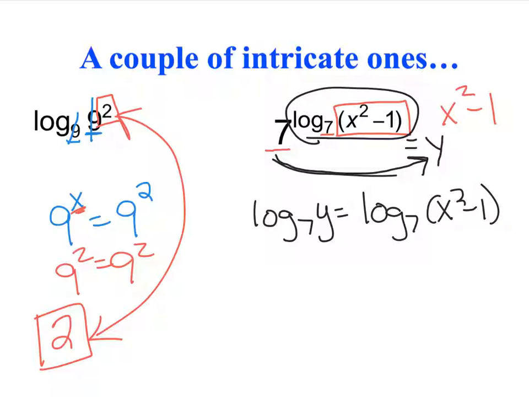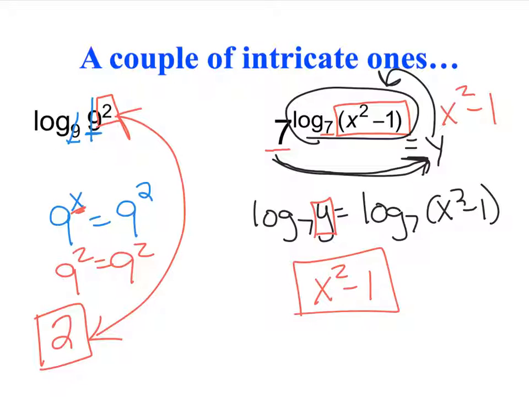So log base 7 of y is equal to log base 7 of x squared minus 1. If I want these two things to be equal, our y has got to be x squared minus 1. So you can see that I got the same answer as when I did my shortcut up here.